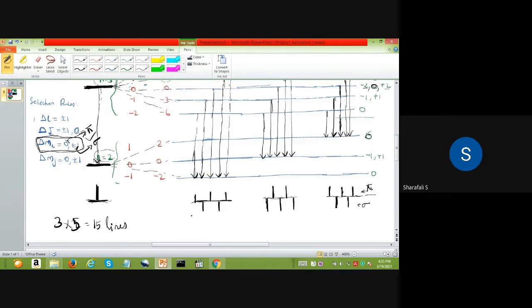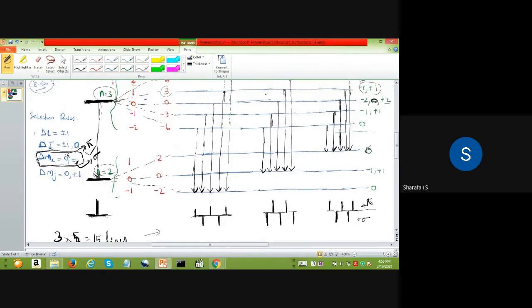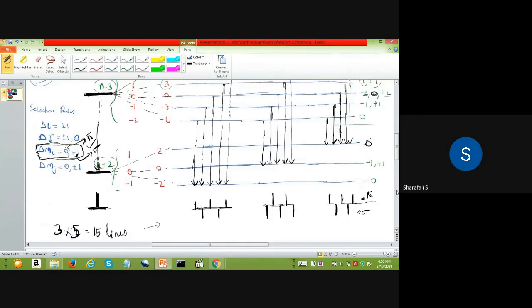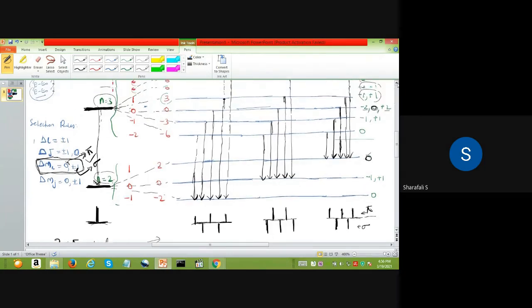So those 15 lines are these, you can see. In this case, n equal to 3 splits into 5 levels, n equal to 2 splits into 3 levels, and 3 into 5 will give you a total of 15 lines. Okay.